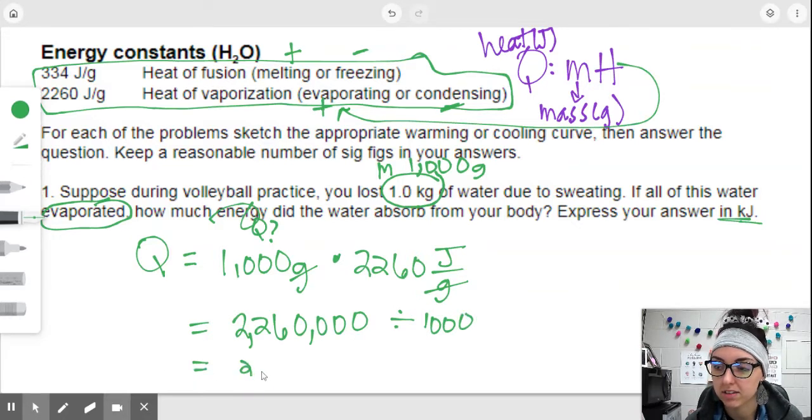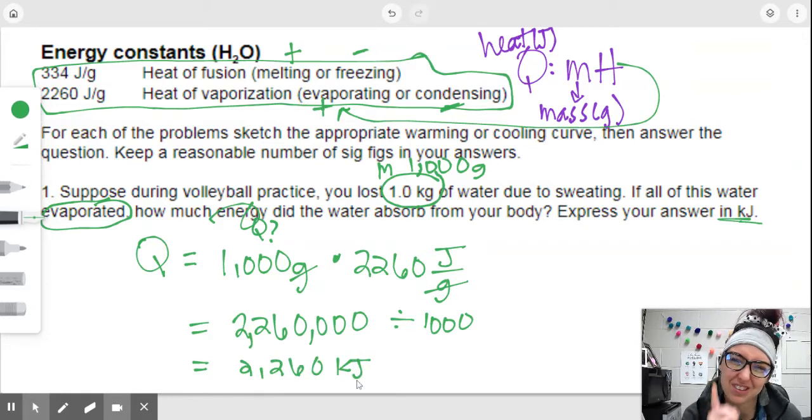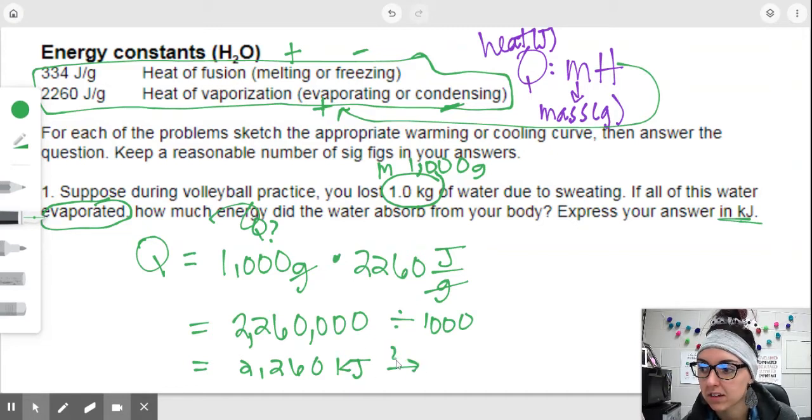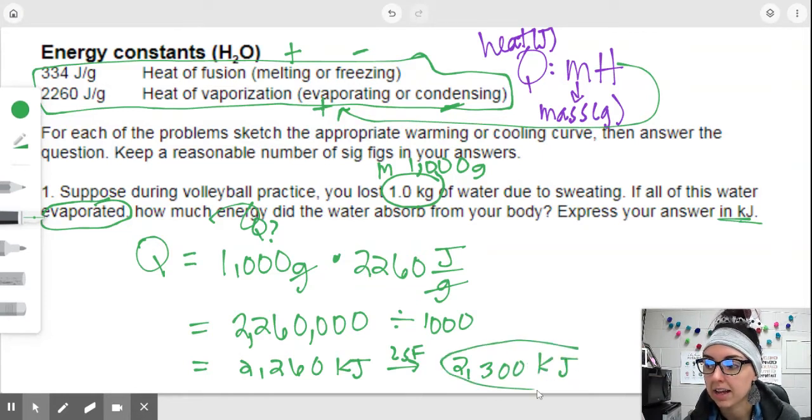That gives us 2,260 kilojoules. But of course, we have to do those sig figs. I'm going to round this to 2 sig figs, because this 1.0 kilograms has 2 sig figs. So that's going to give me 2,300 kilojoules as my answer.